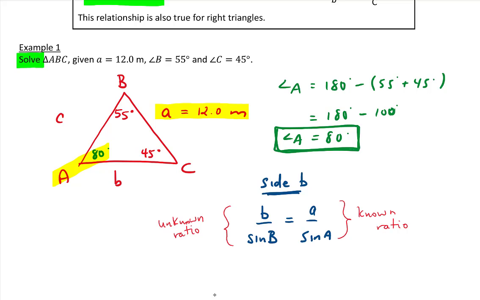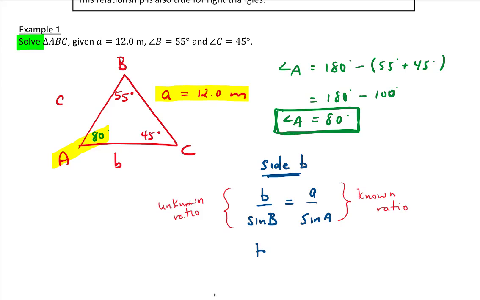Next is to sub in our values. I have B over the sine of angle B, and we see that angle B is equal to 55 degrees. Then I write in my A, which is 12.0, over the sine of whatever angle A is, which in this case is 80 degrees.